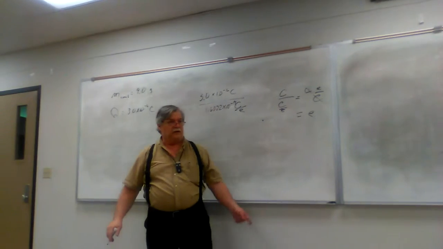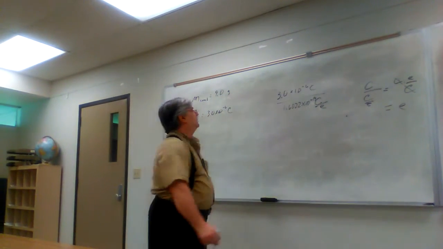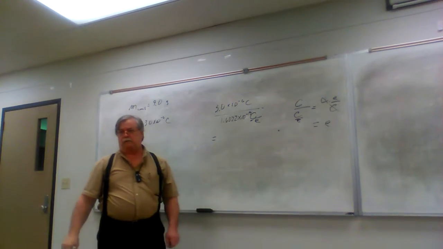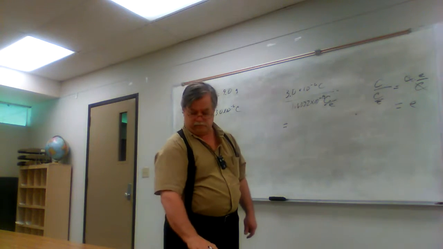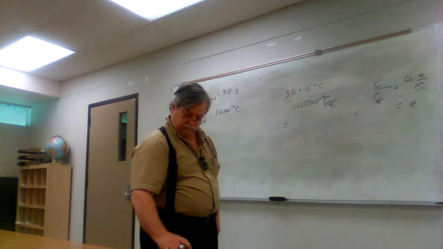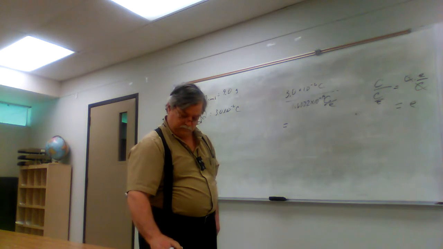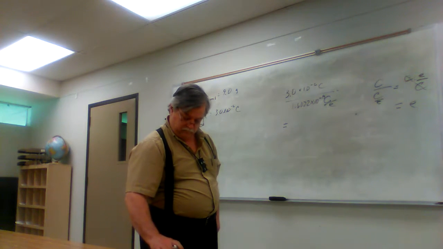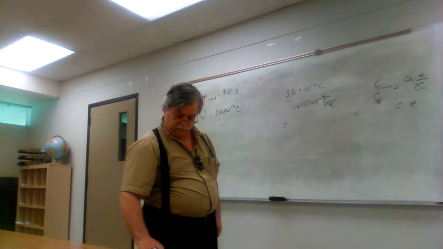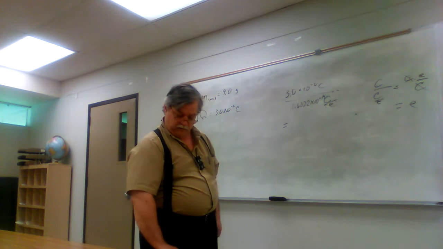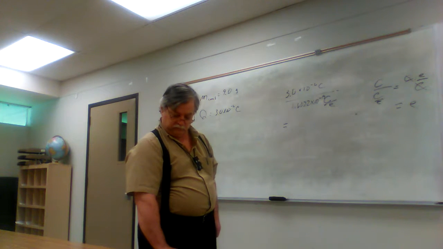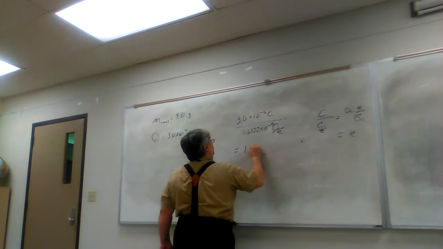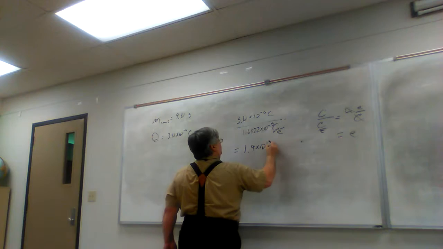The coulombs cancel and the e flips up. So this would give you 1.9 times 10 to the 13 electrons.